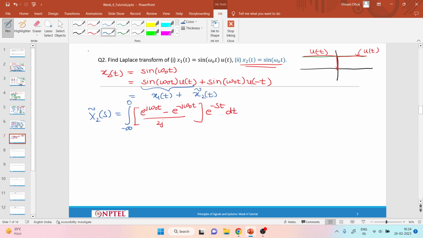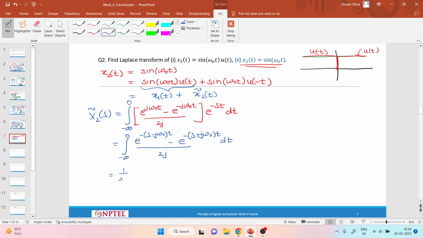Same steps will have to be repeated, but the integration limits are now different. So this is from minus infinity to 0, e power minus (s minus j omega naught) t minus e power minus (s plus j omega naught) t upon 2j dt.